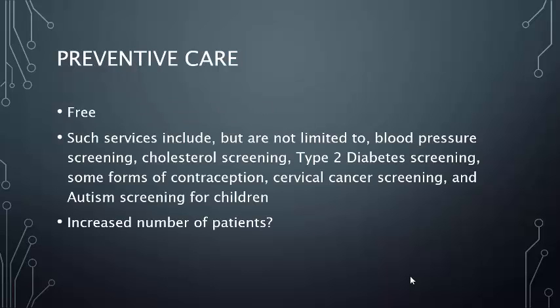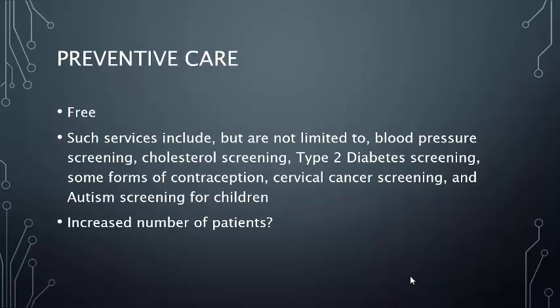One of the aspects that's going to require technological advances in the use of technology is the fact that preventive care is now free to everyone in their health plans, which means no co-payment, no deductible, no co-insurance, nothing like that. It's part of your medical plan. And so you can have blood pressure screening, cholesterol screening, and some of the others you see here on the screen done for free.